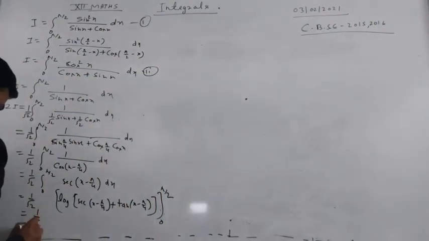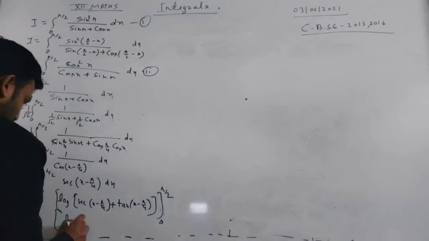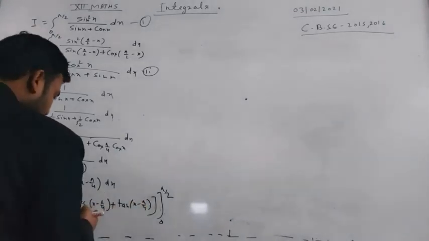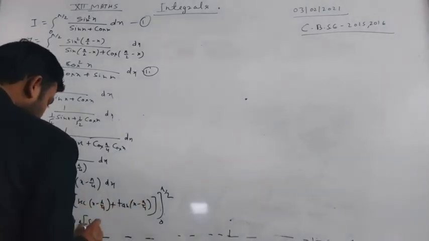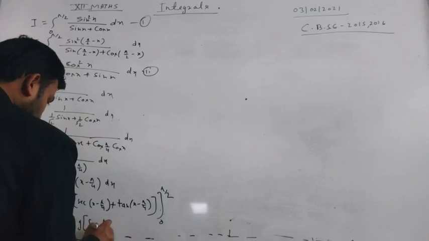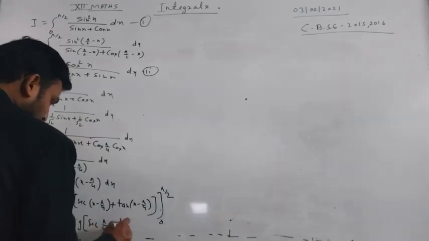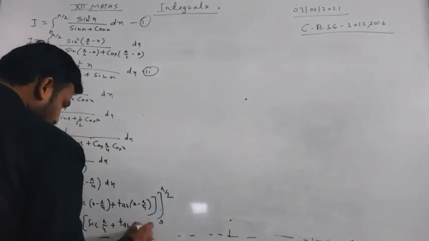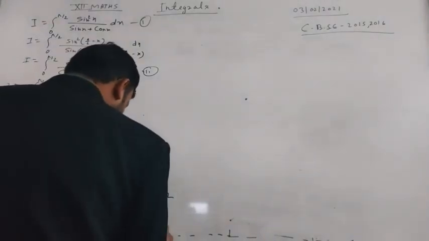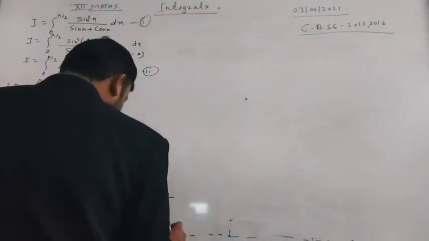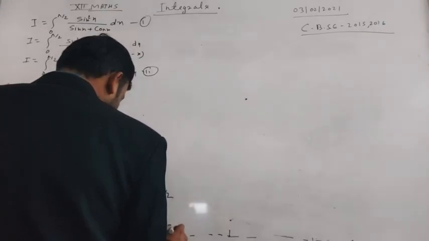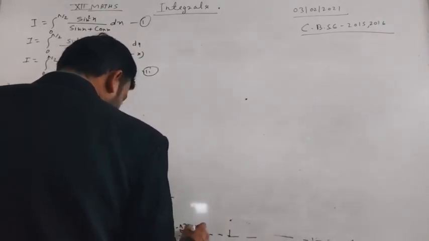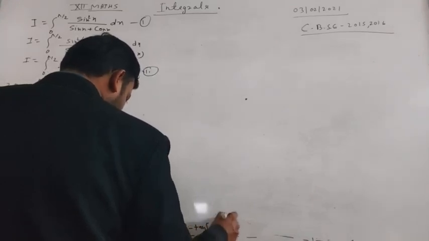So you know, 1 by root 2, this is log, when we put pi by 2, it will be sec pi by 4 plus tan pi by 4, minus sec of 0 minus pi by 4 plus tan of 0 minus pi by 4.